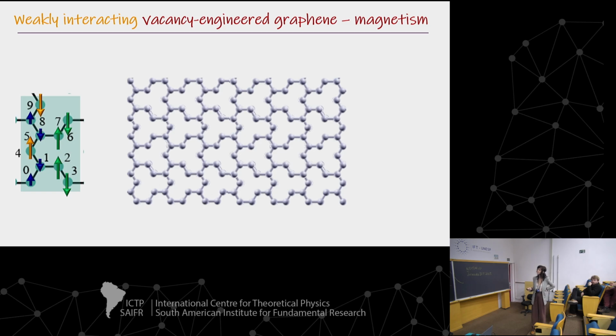Yeah, that's perfect. So it looks like you have three different kinds of sublattices, right? The blue, the green, and the whatever color that is. Orange. Yeah.